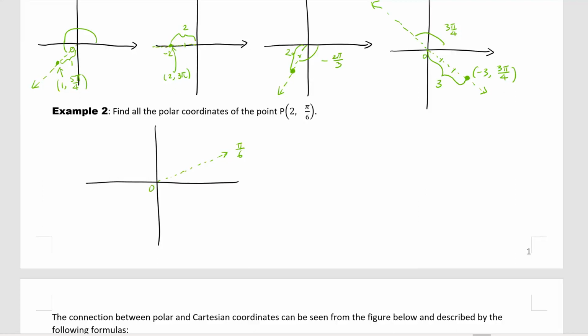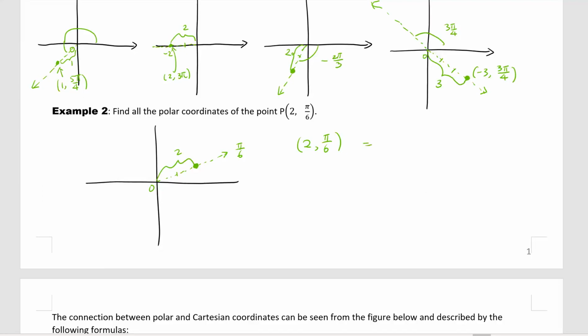And we go forward 2 units, so go in that direction 2 units. So that's why we have this angle. So this point is 2 and pi over 6.